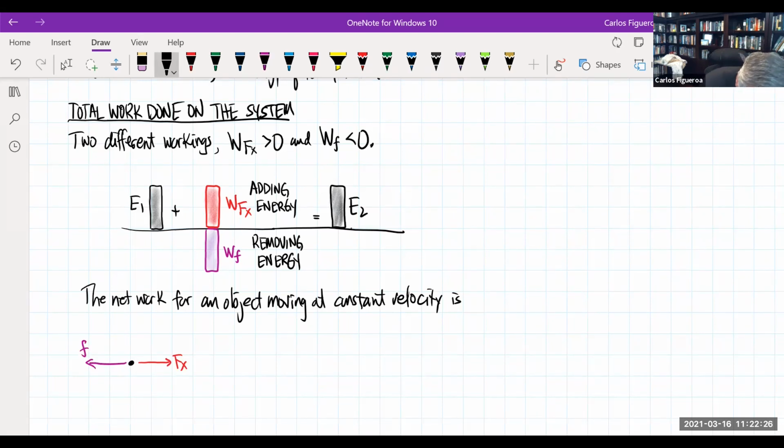And because we were moving at constant velocity, we know that these forces must all balance out.